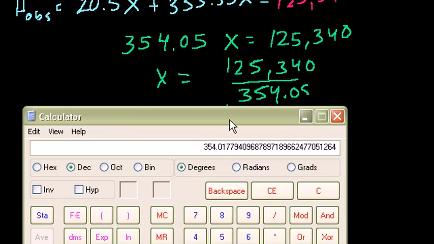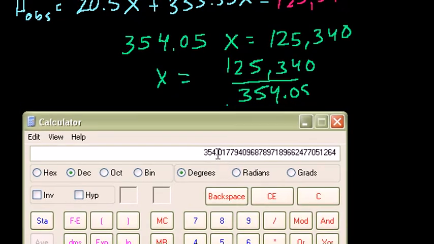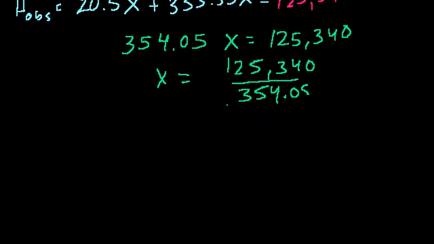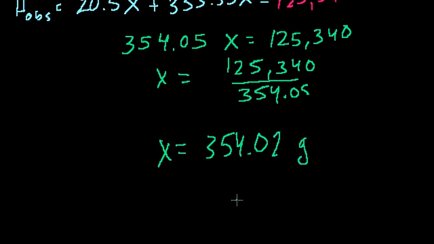There's a little bit of extra. So actually, just to be careful, maybe I'll take 355 grams of ice, because I definitely want my water to be chilled. So our answer is x is equal to 354.02 grams of ice.